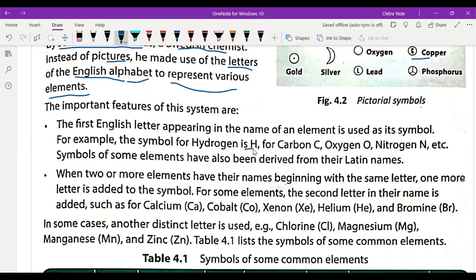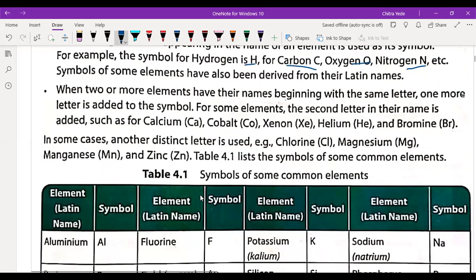For hydrogen it is H, carbon it is C, oxygen it is O, for nitrogen it is N. But if we are using the first letter along with the second, we use the first as a capital and the second as a small letter. So for calcium we have Ca. Why didn't we use just C? Because C is already used for carbon. That's why we cannot use C again.